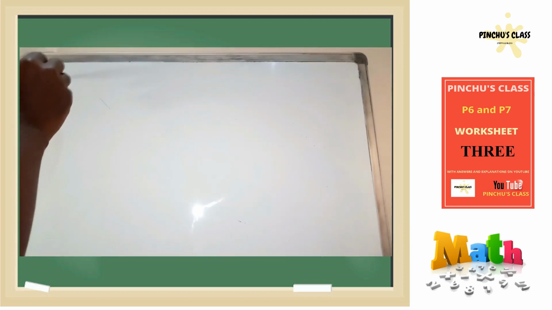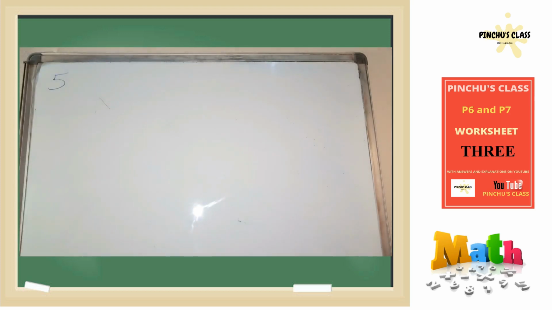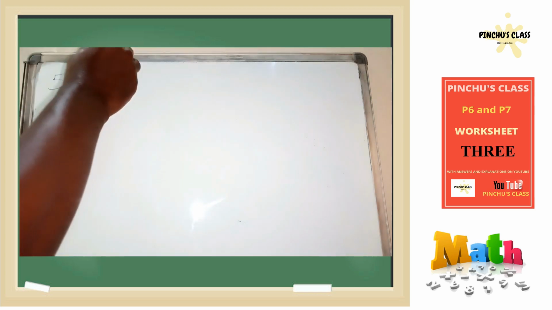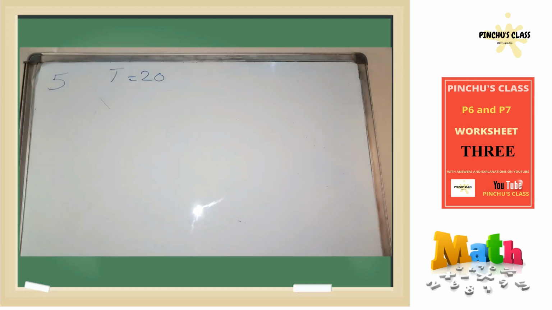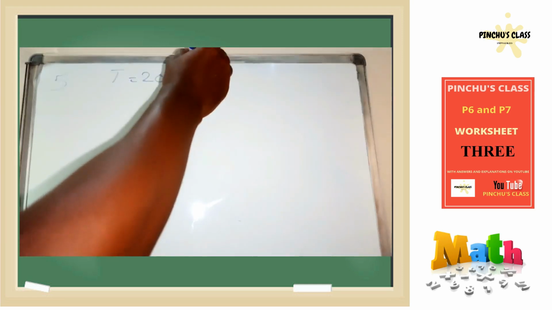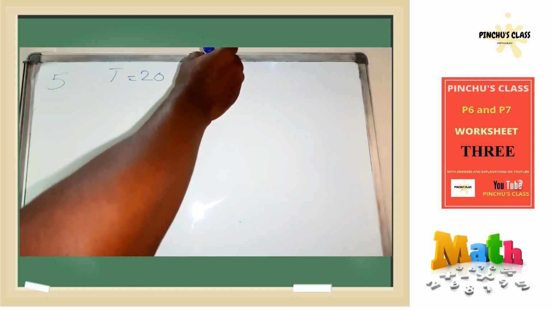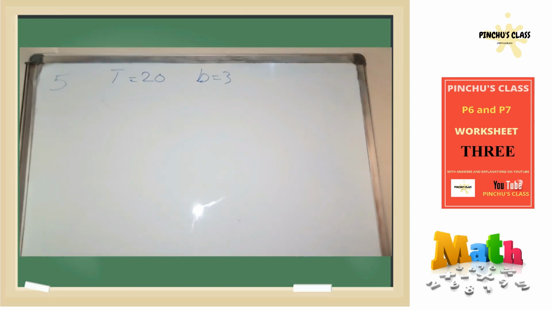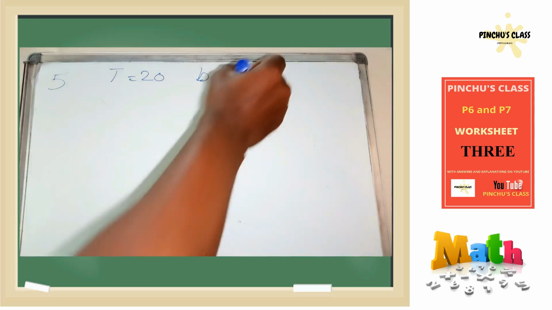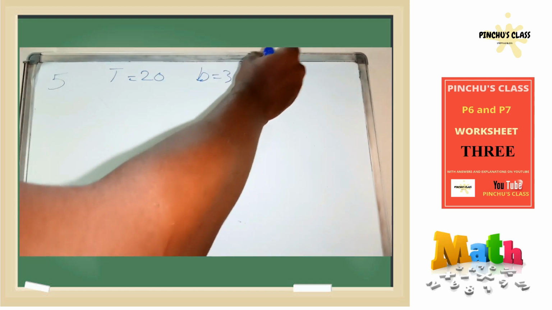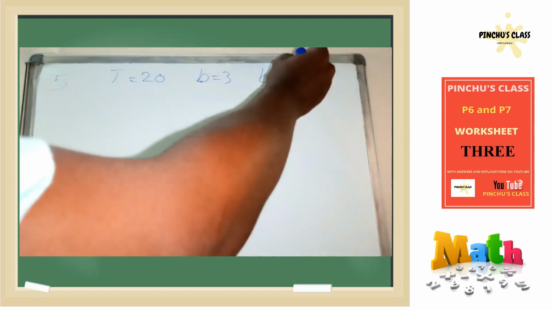Let's go to number 5, Roman numeral 1. They have said in a box there are 20 pens, so the total is 20. And then they have told us 3 of them are blue, so I'm going to represent blue as B, 3. And then they have told us 9 are black, so I'm going to represent black as BL, that is 9.